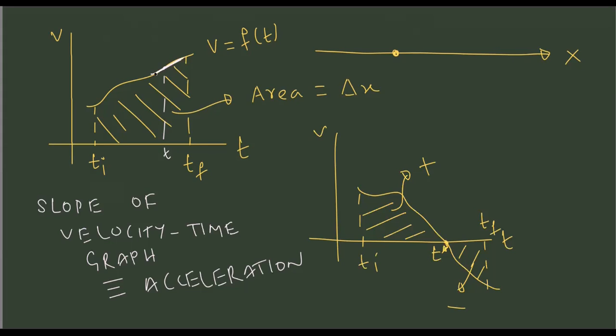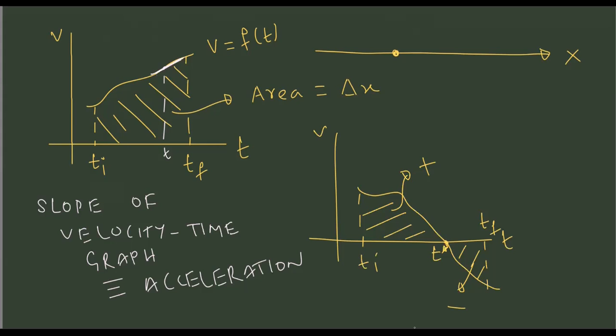Are you with me so far? Now, in the assignment problems that I gave, there are one or two problems which we could have solved using the velocity time graph.